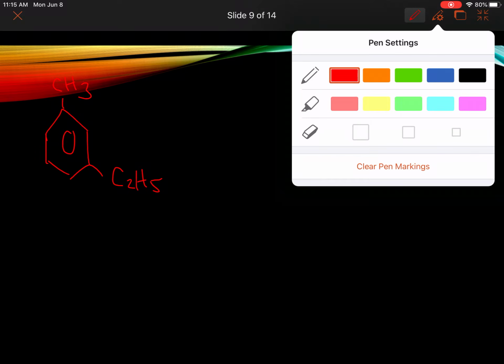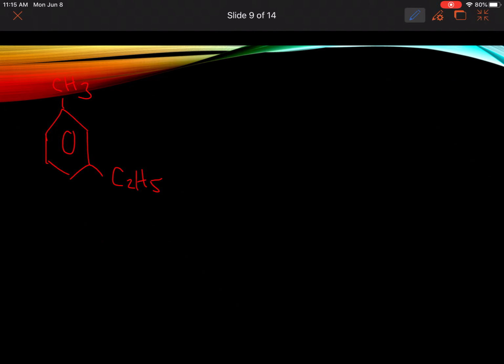So the first one in your notes. Okay, so we've got our benzene, and we've got a CH3 group going to the top there, and then we have one down here, which is C2H5. Okay, so when we name these, first thing I like to do is just write alphabetically what they are.